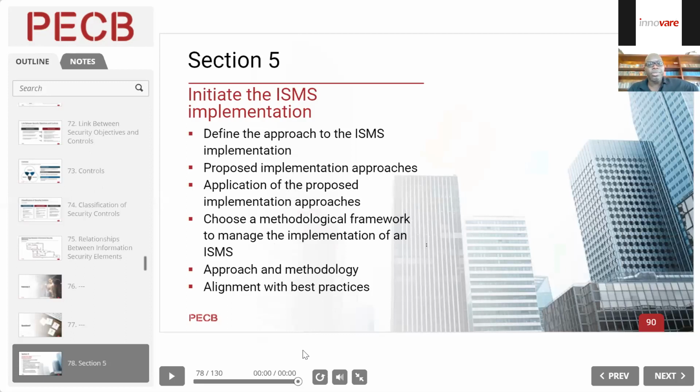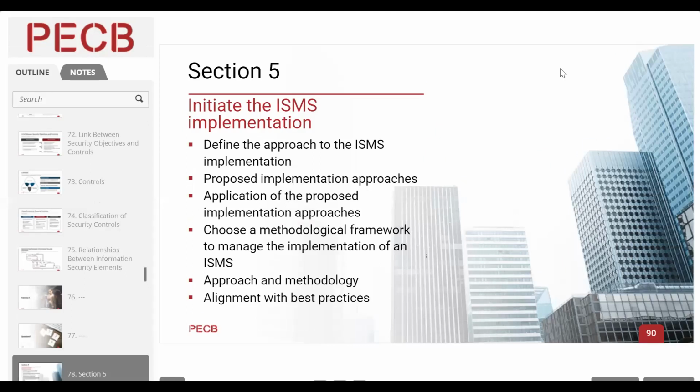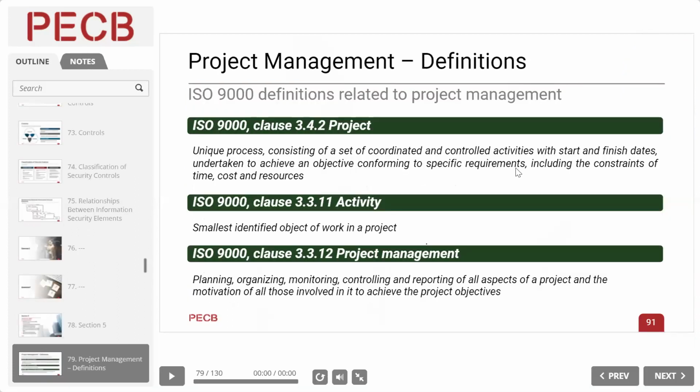Let me stop the video so that you can focus. Section 5, initiate the ISMS implementation. Basically, this is a project, which we need to implement with project management principles.